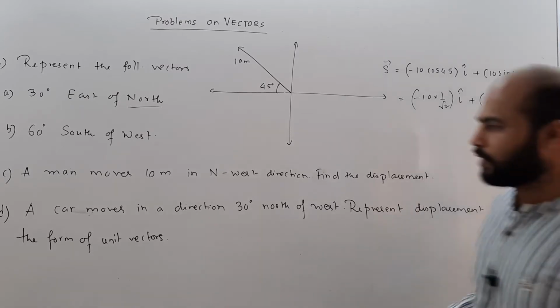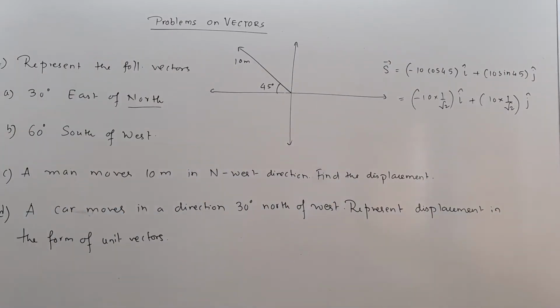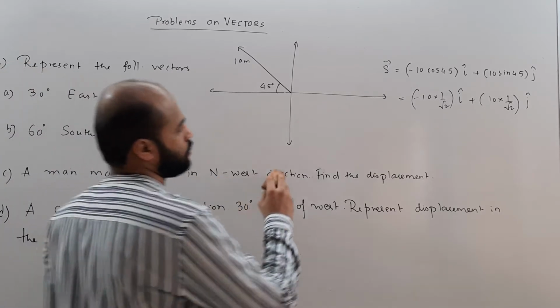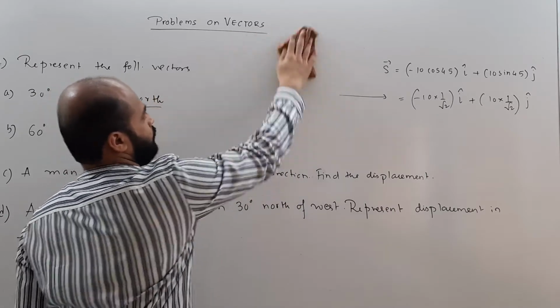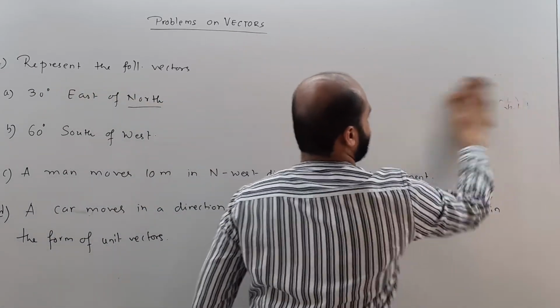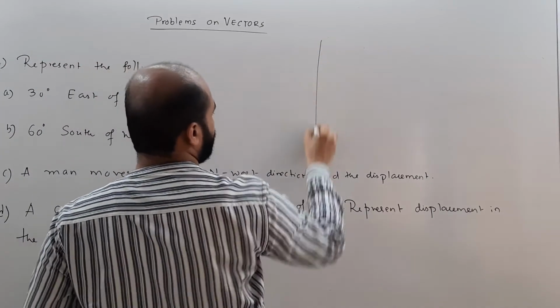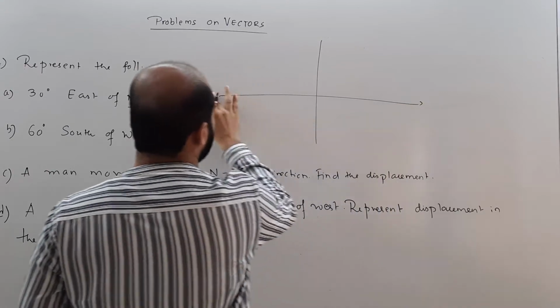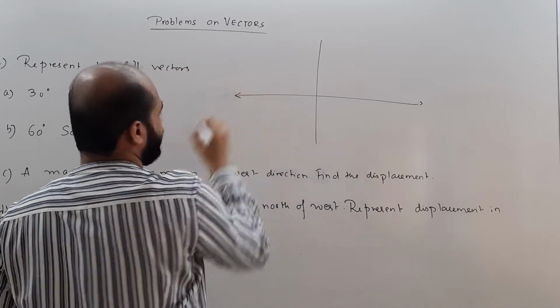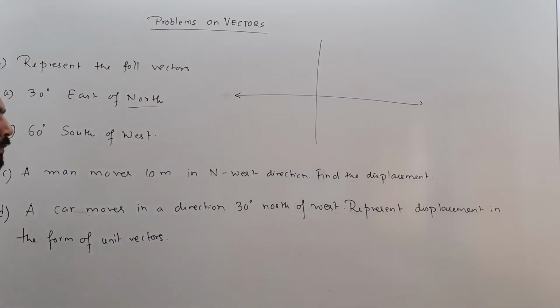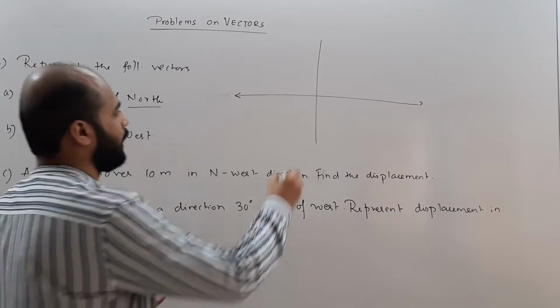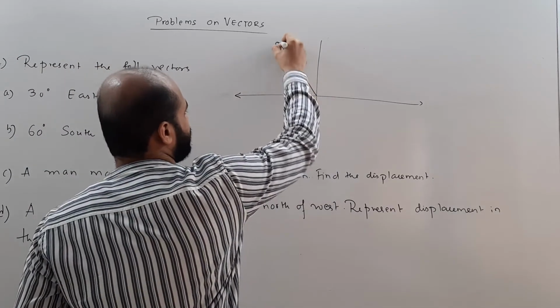Let's go to question D. It says that a car moves in a direction 30 degrees north of west. So now when it is 30 degrees north of west, that means west is the reference, and with respect to west we are going like this.